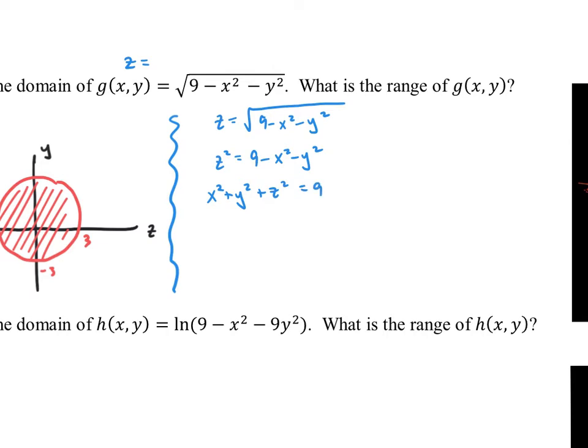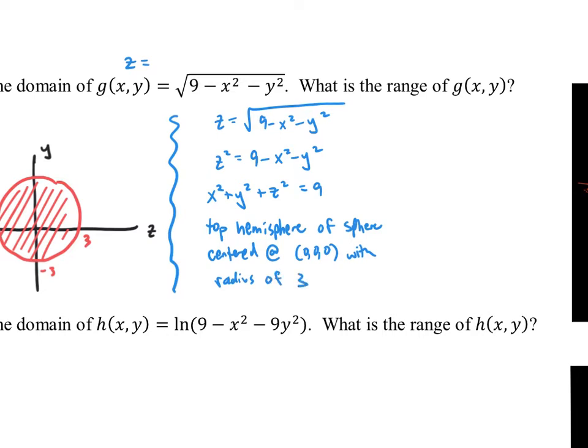Now, based on the original statement of the equation, z can only be greater than or equal to 0. So therefore, this is the top hemisphere of a sphere centered at 0, 0, 0 with a radius of 3.